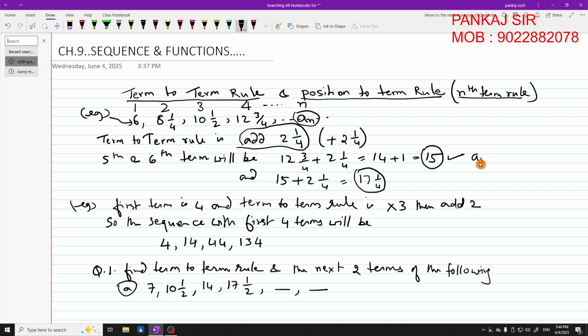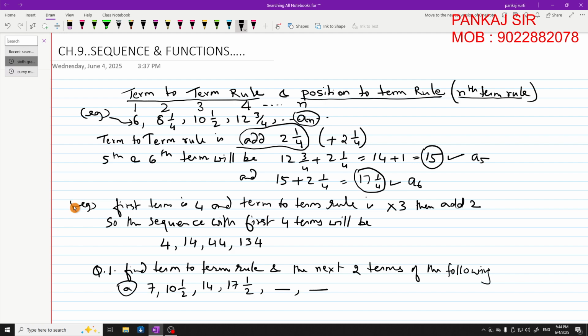You can write this as A5, fifth term. Now what will be the sixth term? Obviously sixth term will be adding 2 1/4 to 15. So when you add 2 1/4 to 15, you should get 17 1/4. So this 17 1/4 happens to be the sixth term. So this is how you have calculated the fifth and the sixth term of this particular sequence, whose term to term rule was add 2 1/4.